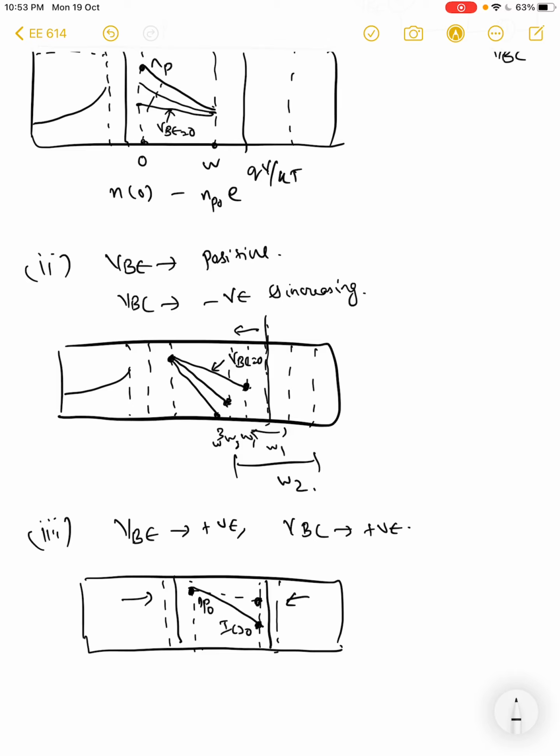IC greater than 0, this is IC equal to 0 under some bias conditions. This width is smaller than the depletion width we previously saw, right? So this is the situation of saturation.